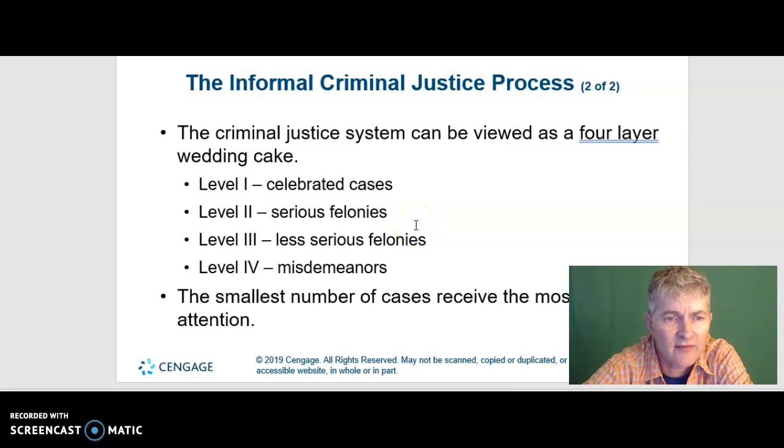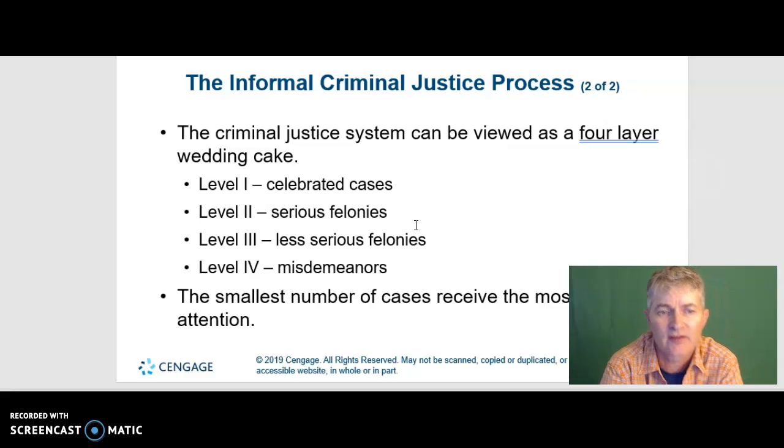We can see this in reference to the wedding cake model, which was proposed by Samuel Walker. In that he discusses how the smallest layer of the cake gets the most attention because it has that statue of the bride and groom on it. It's what we gravitate towards. It's what we like to see.